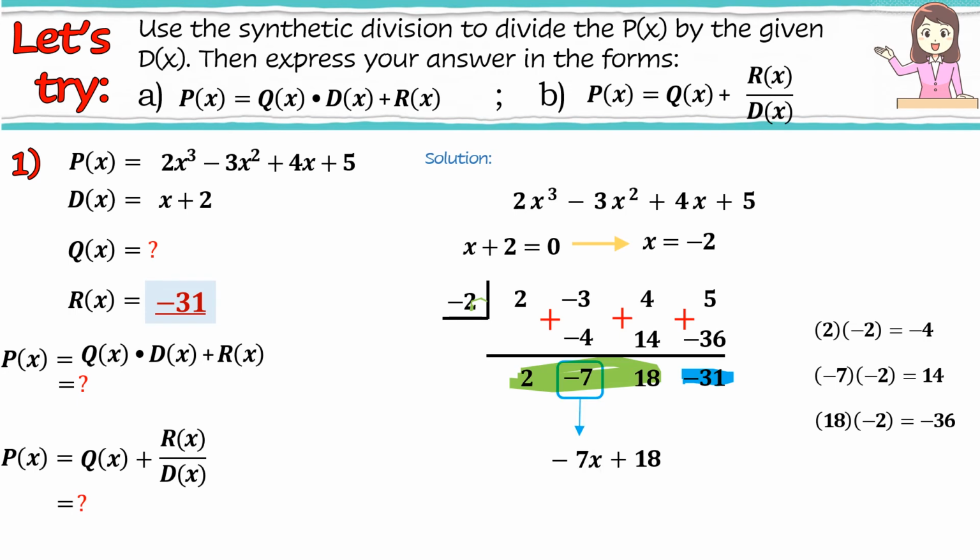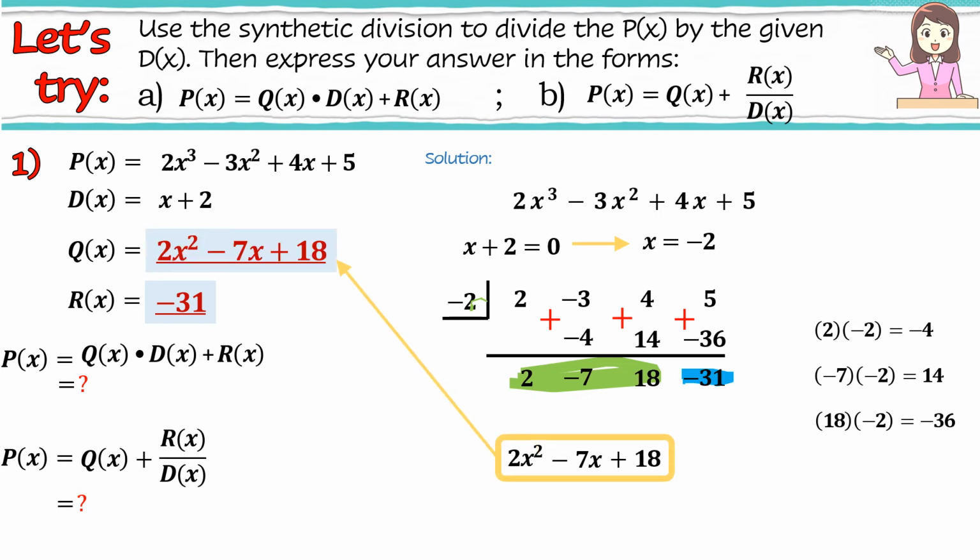So, that is negative 7x. Magdadagdagan tayo ng variable. And then, next nyan ay positive 2x squared. So, kung titingnan nyo, sunod-sunod na yung ating exponent. So, 2, 1, and then 0. Okay? So, I hope nakakasunod pa. So, that means to say, ito ang ating quotient.